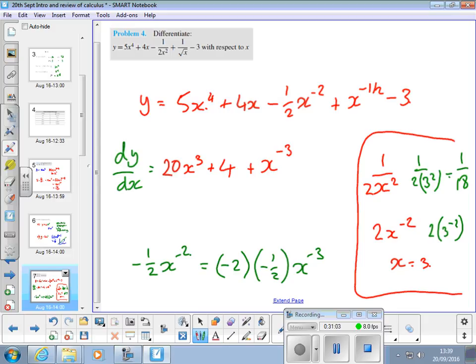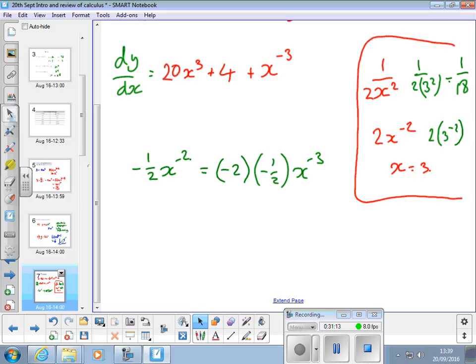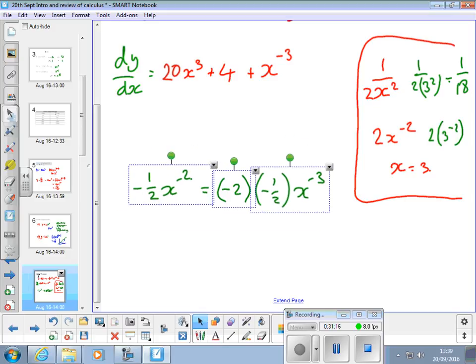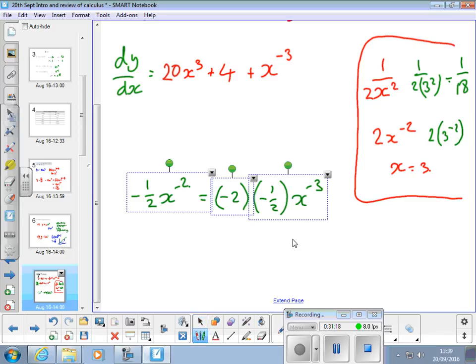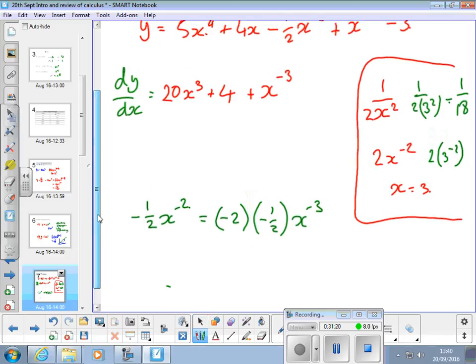Now we deal with x to the minus a half. Let's bring it on its own. x to the power minus a half. We're going to bring the minus a half down in front. x to the minus a half, take away 1. How do we write that?